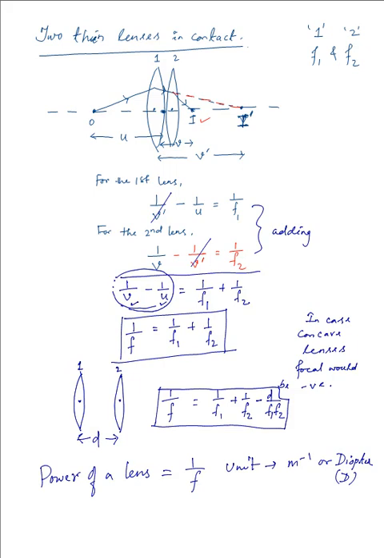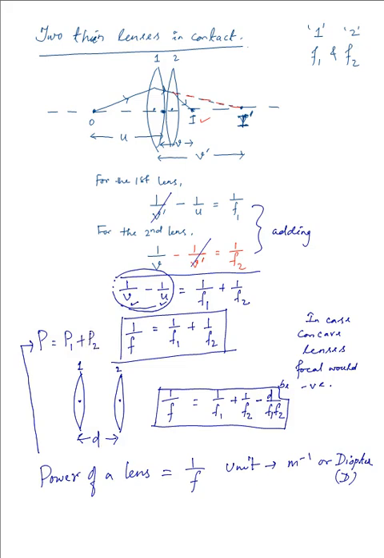So taking all these equations that we have studied so far in this video, what we have is the power of this lens combination would therefore be P, that will be the equivalent power, and that is equal to the sum of the power of both these lenses.